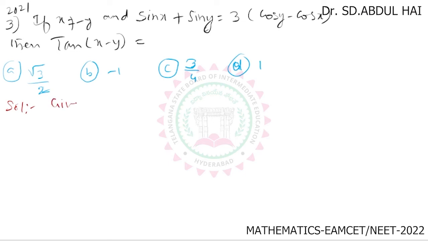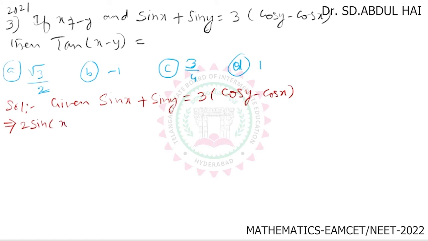Given sin x plus sin y is equal to 3 times cos y minus cos x. Okay, now you see that it is in the form of sin c plus sin d, which is nothing but 2 sin of c plus d by 2 cos of c minus d by 2, is equal to 3, which will remain as it is.